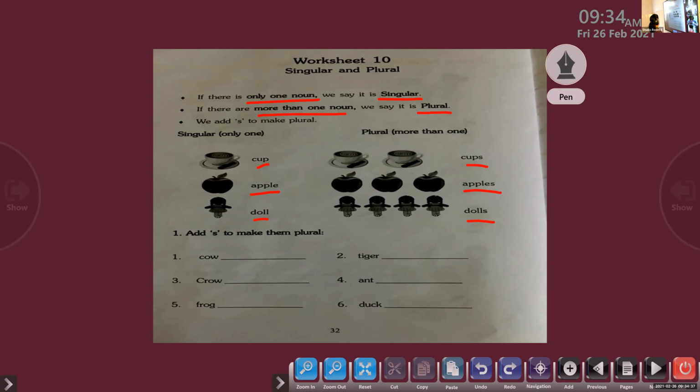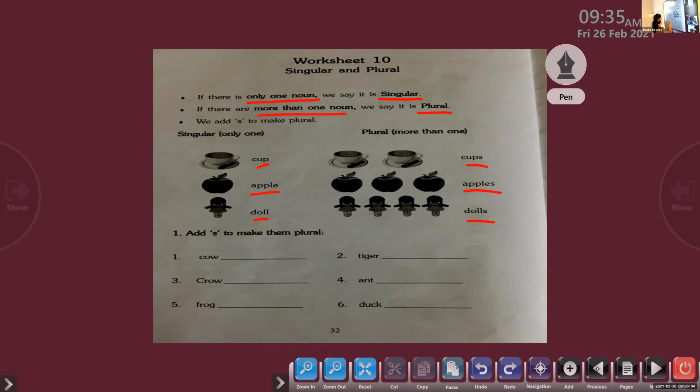Anurag, unmute. Number 1. First question, add S to make them plural. Number 1, cow. Anurag, can you hear me? Yes. Yes, please try the first one.